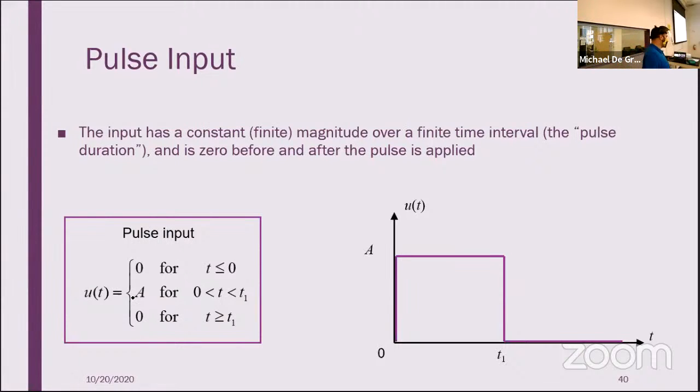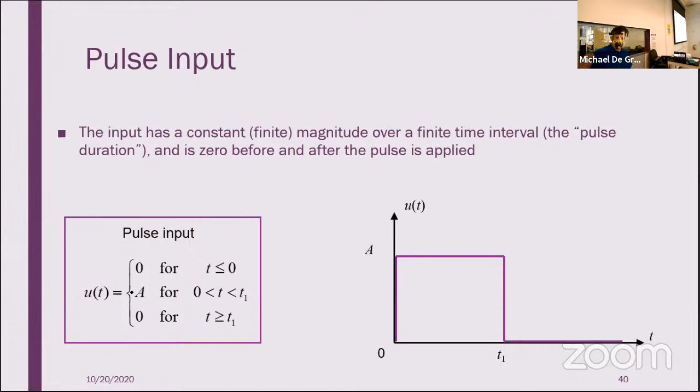Then we've got pulse or general square wave. A pulse is a step function that turns off after a certain amount of time. The input has a constant magnitude over a finite interval, which is my pulse duration, and it's 0 before and after.